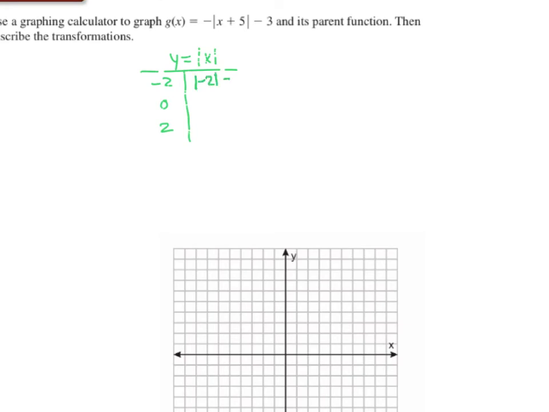So we're going to go to the left 2 and up 2. The absolute value of 0 is 0. And the absolute value of positive 2 is what? 2. So we're going to go to the right 2 and up 2. So our parent function graph is going to look like this.